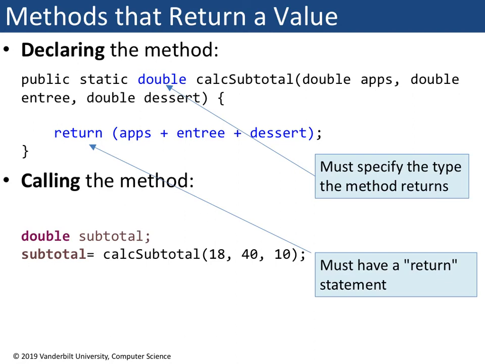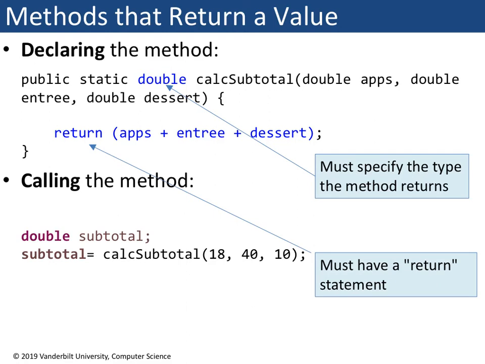Then when the method is called, you supply it with parameters. So in this case, we are using the method calc subtotal, and we are supplying it with the values 18, 40, and 10, just as we did previously. Then calc subtotal is going to return the subtotal. When it is returned, we must store it somewhere. So this is very similar, because this will sum these things to 68.